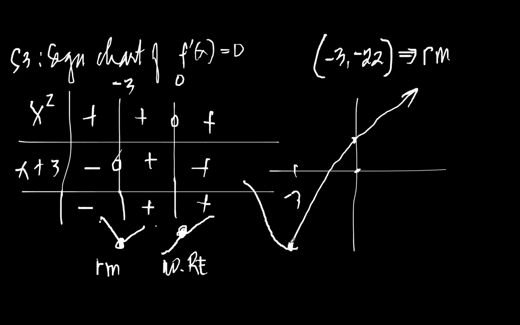Ganun lang siya. Curve dapat siya kasi polynomial. Okay. So, ganun yung graph niya, class. Nakuha? Kasi ito ay negative, positive, positive. So, we already found the relative extrema of the function f.